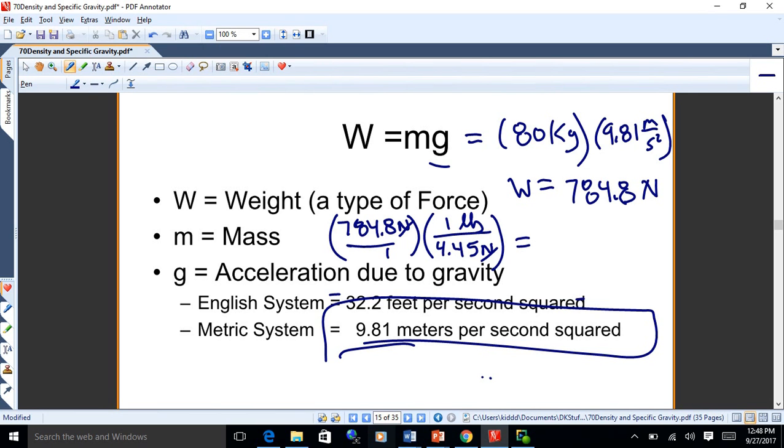That comes out to be about 176 pounds. So that's how you would do that. If you do it a completely different way and come up with a number that's about one off, that's okay, that's fine. Just show your work so I can see what you're up to.